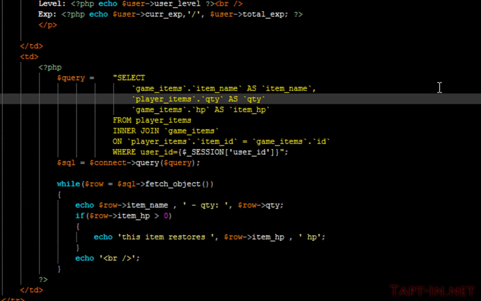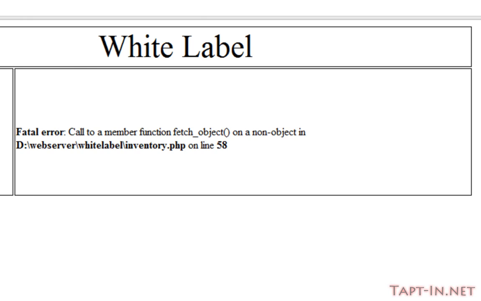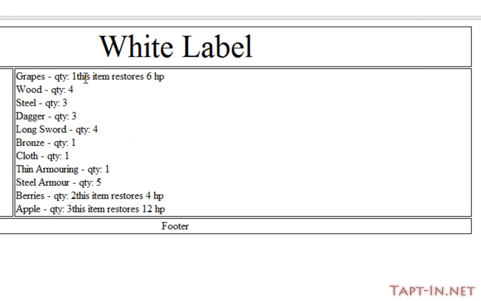Okay, it seems I forgot to put our comma on our select statement. So comma added, and we refresh. There we go. Grapes, quantity 1. This item restores 6 HP. Berries, quantity 2. This item restores 4 HP. And apple restores 12 HP.